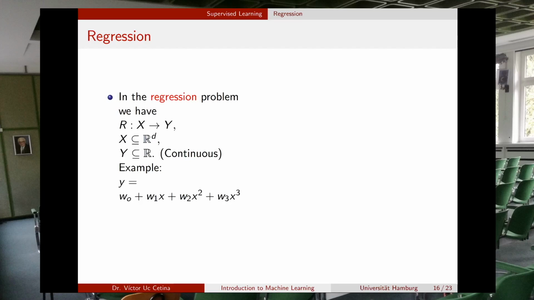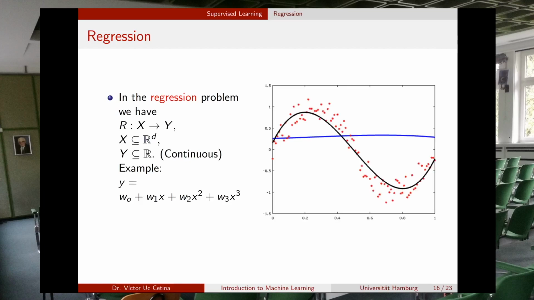Okay, so imagine that we are given this set of points. In this case they will be pairs of x and y points. So each of these red points here will have some x, and we are given also the corresponding y value or output value for this point.